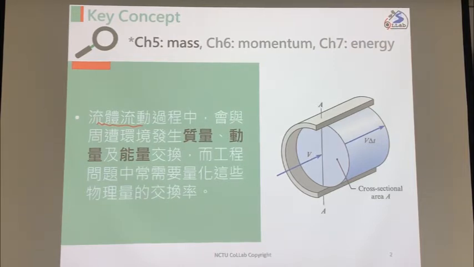This chapter we look at mass, and the following chapters focus on momentum and energy. But for engineering problems, we need a tool to analyze exchange in the systems. The control volume approach is one of the tools to understand any physical property change along some boundaries.